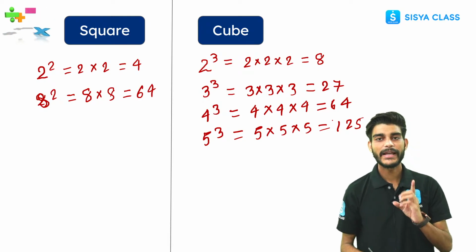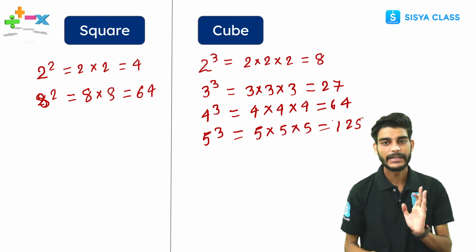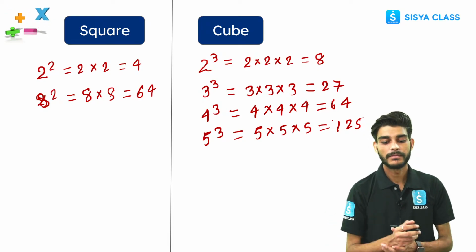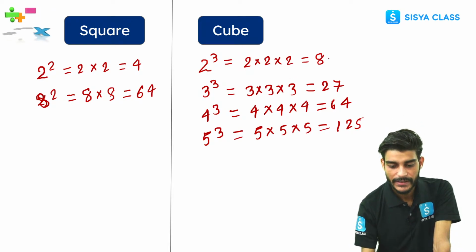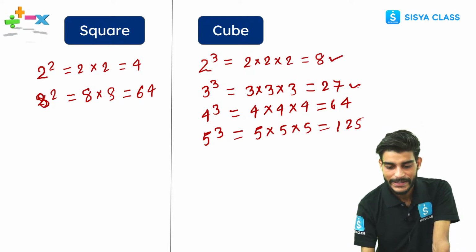So this is how you find the cube. Simply multiply the same natural number 3 times and you get a cube number. Now the major talking point here is the results we are getting, like 8, 27, 64, 125.